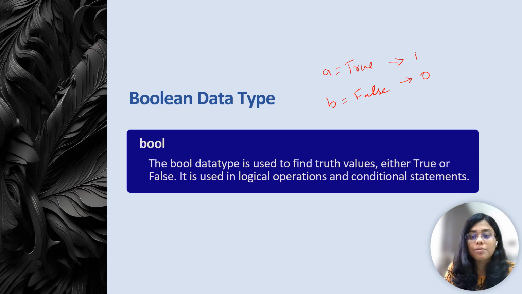Usually Boolean values are used in logical operations and conditional statements. When we give a condition, if A is greater than B, if it is true, it will return a true value, which means 1. If it is false, it returns a false value, which is 0. So the Boolean data type is used for logical operations and conditional statements.